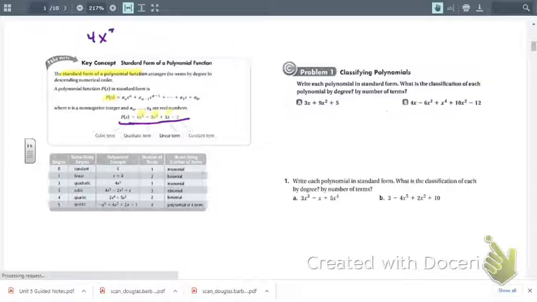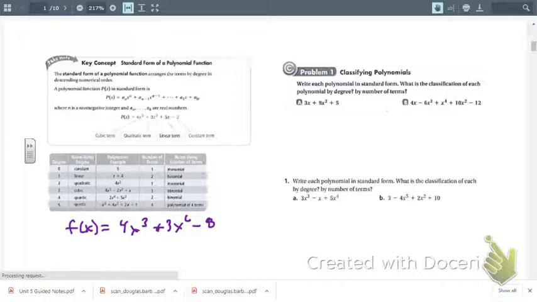An example of something not in standard form: f of x equals 4x to the third plus 3x to the sixth minus 8.